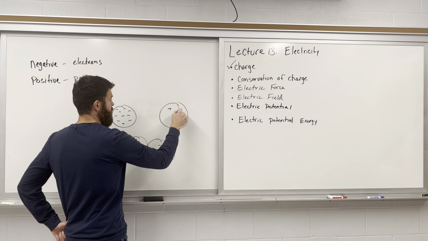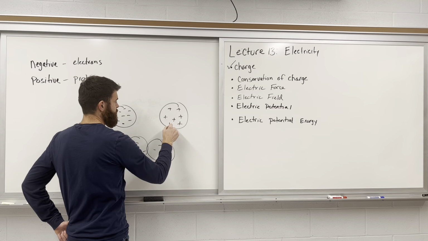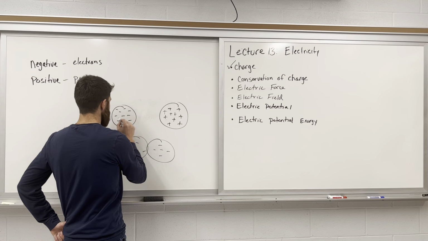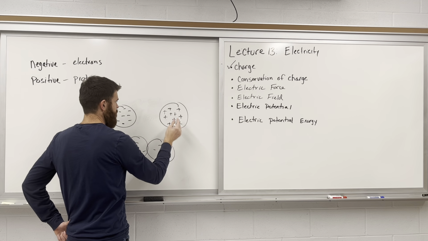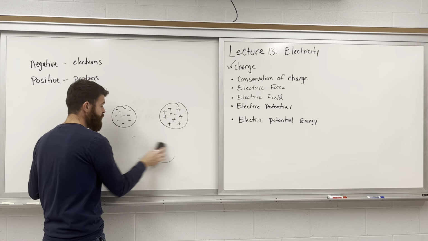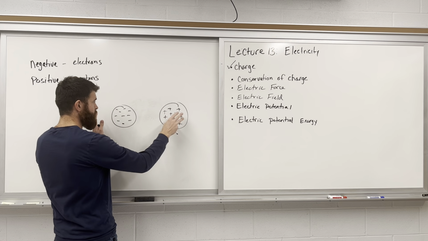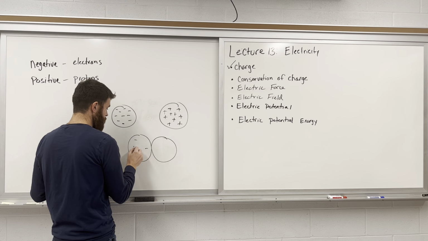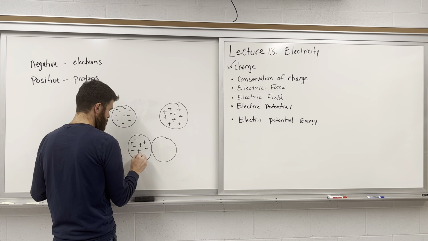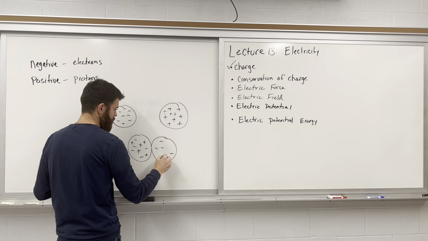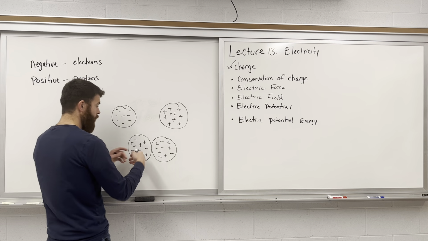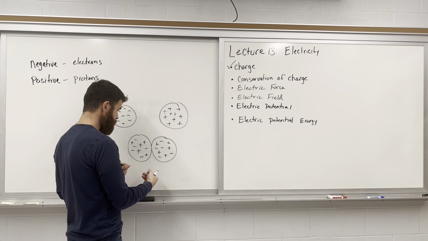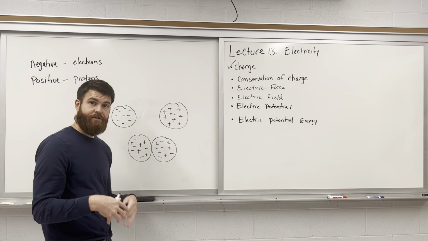Conversely, let's say this had a positive charge. It had 10 charge, so they had the same charge, but the opposite charge. This was negatively charged, this is positively charged. If they touch together, the charge would redistribute so that there is equal amount of charge on both ones, and the net charge would be 0.